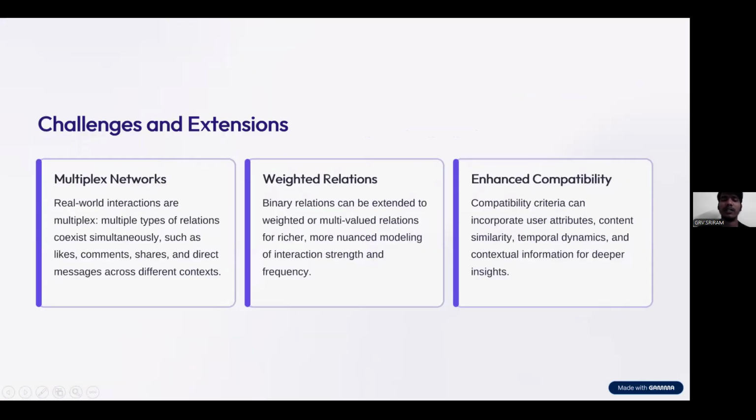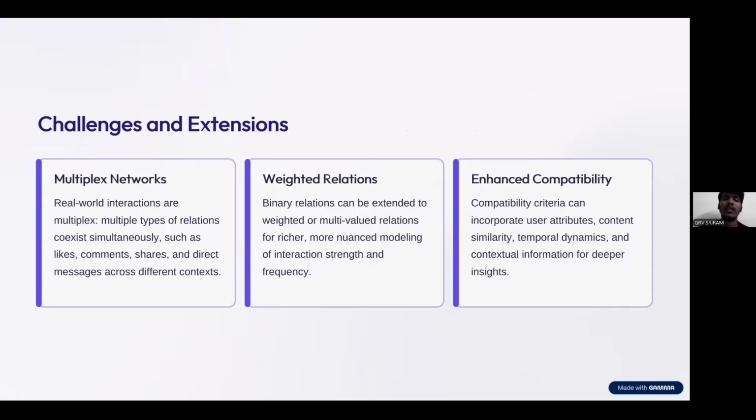Challenges and extensions. Multiple networks: real world interactions are multiplex. Multiple types of relations coexist simultaneously, such as likes, comments, shares, and direct messages across different contexts.